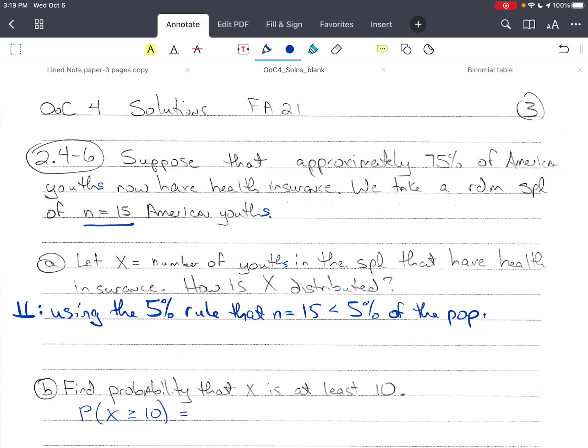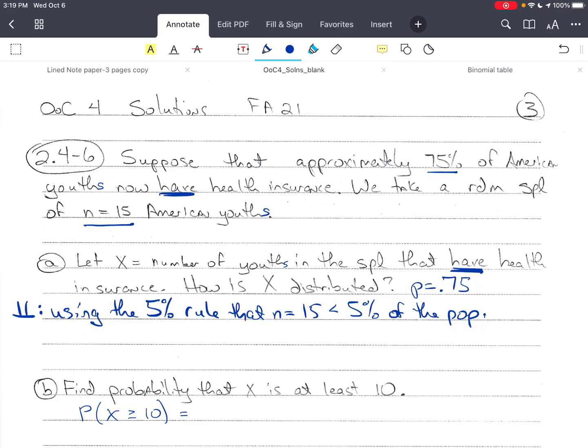And if that's the case, then p is equal to 0.75, because x is the number that do have health insurance, and this says 75% do have health insurance.